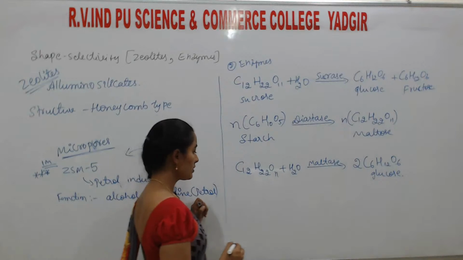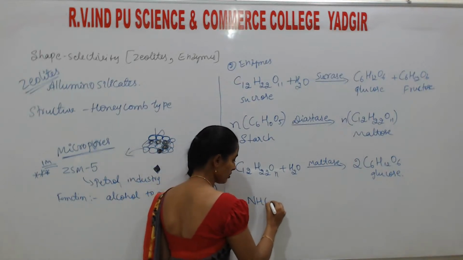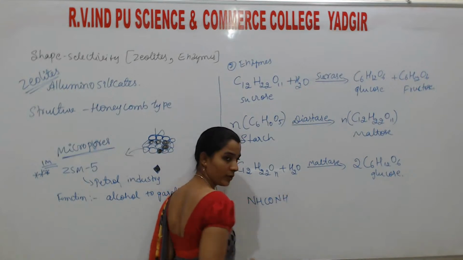Understand? So students, you know urea. Urea is an NH2CONH2 type compound.